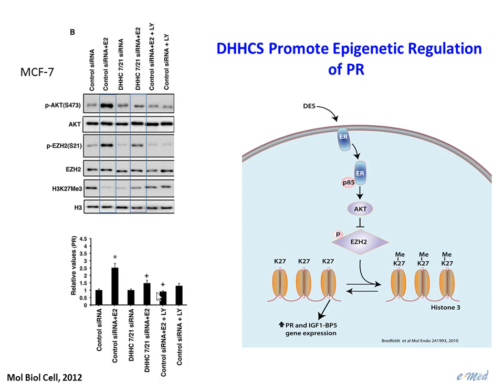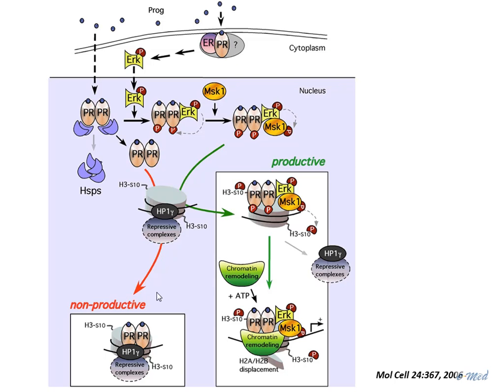Now, here is another example to convince you that this is terribly important. And this is work from Miguel Beato in Barcelona, who's worked on membrane PR signaling. And in a series of papers, this is but one that you see down here in the lower right corner, he showed that ER and PR form a complex at the membrane. They activate SRC, the tyrosine kinase that you know is a proto-oncogene.